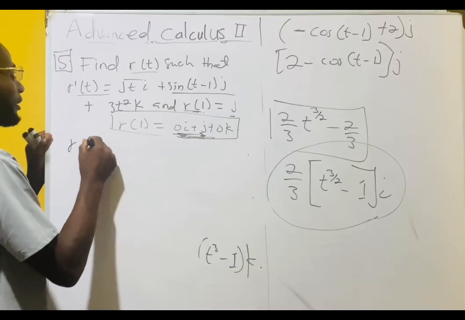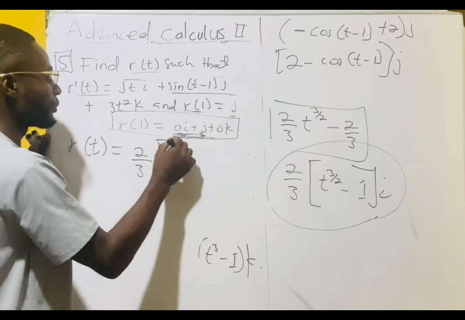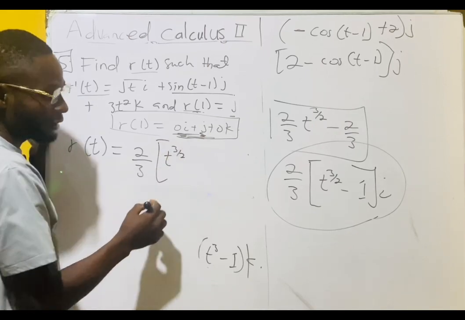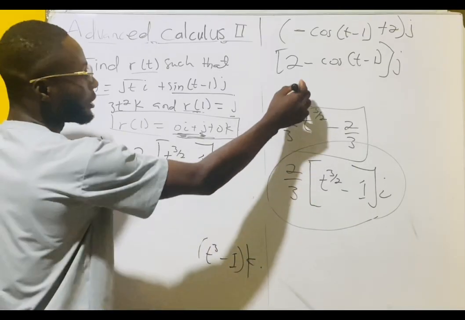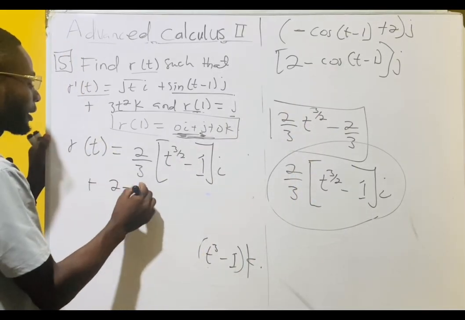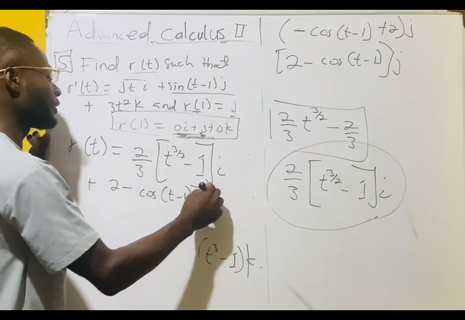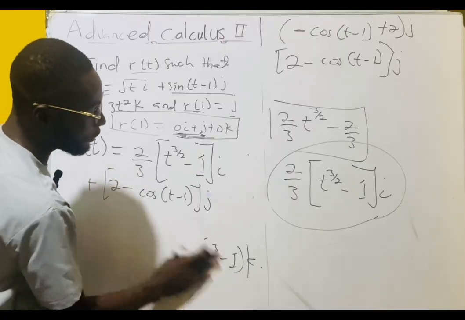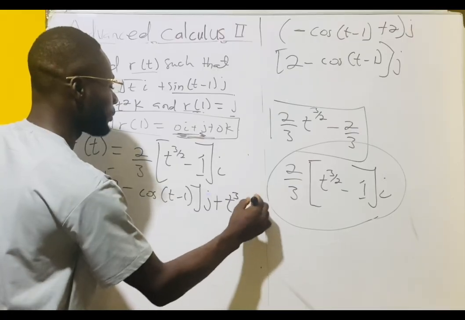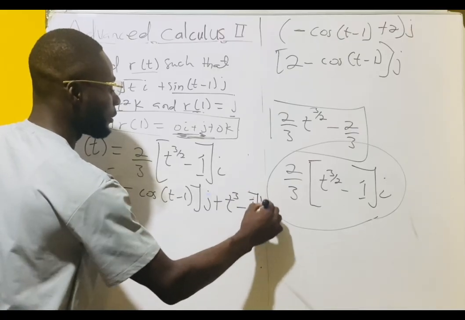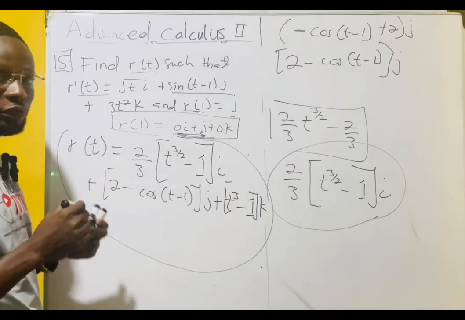So we're going to have r of t to be equal to the i component, 2 on 3 into t to the 3 on 2 minus 1, then the j component plus 2 minus cos t minus 1 or j, then the k component plus t cubed minus 1 or k. Okay, so this is our r of t that we obtained.